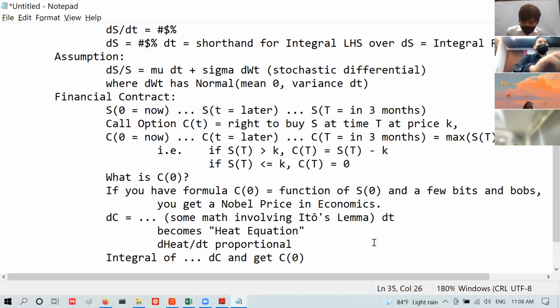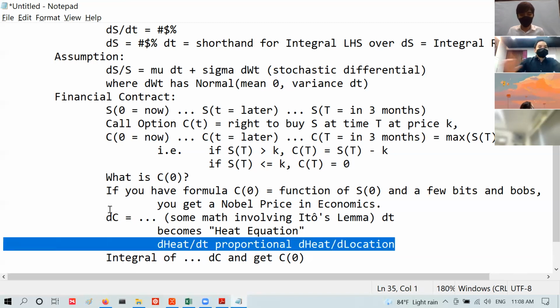It's proportional to the heat in location. So your change in heat in time dissipates if your friend is cooler than you. Okay, that's called the heat equation. It's proportional to the second derivative.